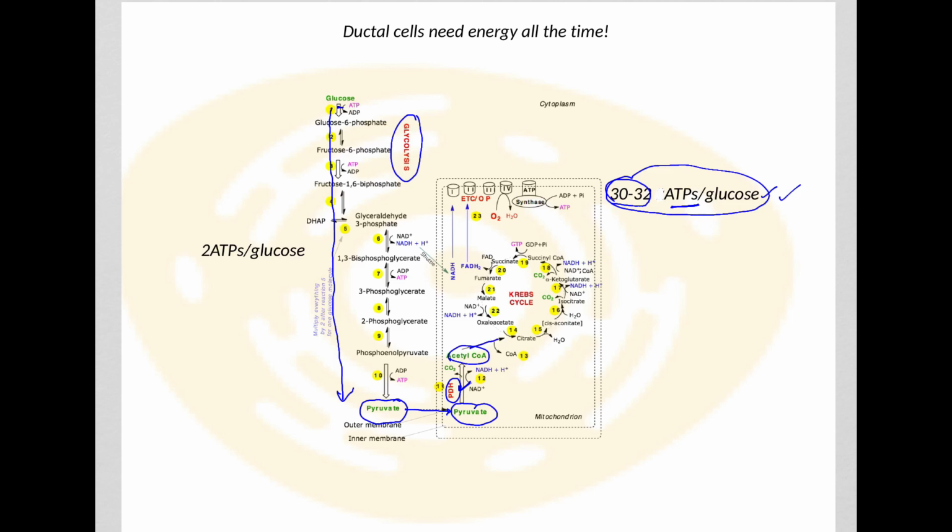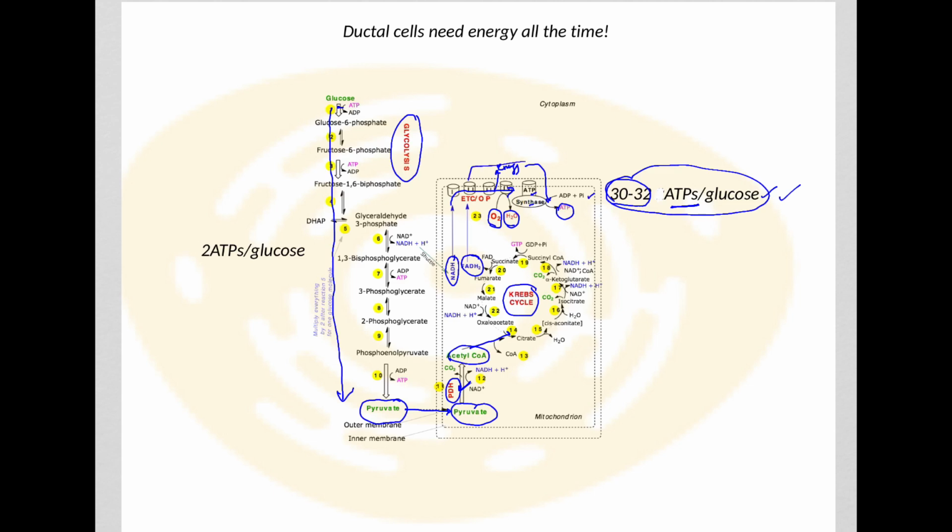The acetyl-CoA will then enter the Krebs cycle, and out of the Krebs cycle we'll get hydrogens, which will be carried by these molecules, NADH and FADH2, and these hydrogens will be transported into the electron transport chain, where they'll react with oxygen to form water, and out comes a lot of energy, and this energy is then used by the enzyme ATP synthase to synthesize ATP from ADP and Pi.